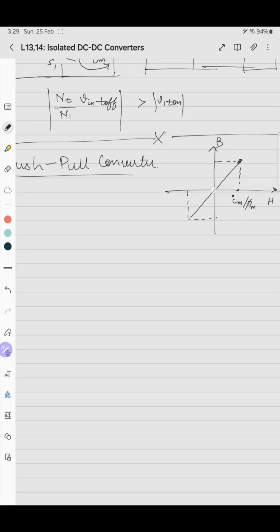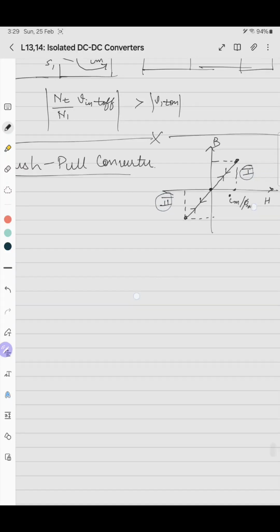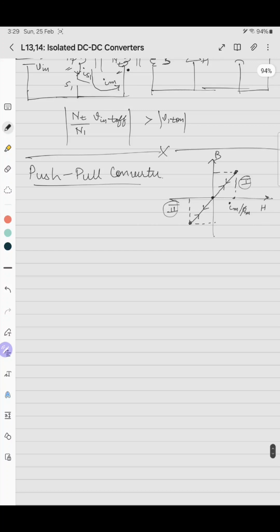So it starts from here, goes here, then comes back, goes in the negative direction, hits this point and again comes back. Between region 1 and region 2, one is called the push region, the other is called the pull region. Push means the core is being magnetized, and pull, region 2 of operation, means that the core is demagnetized. So that's why this converter gets its name as push-pull converter.